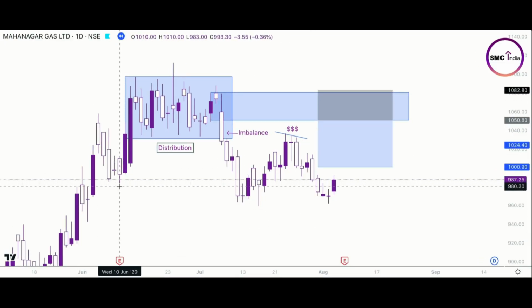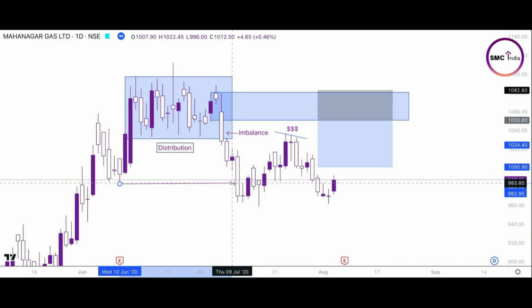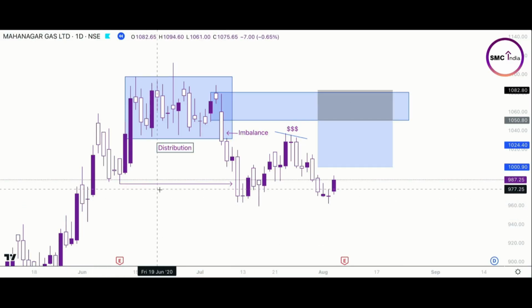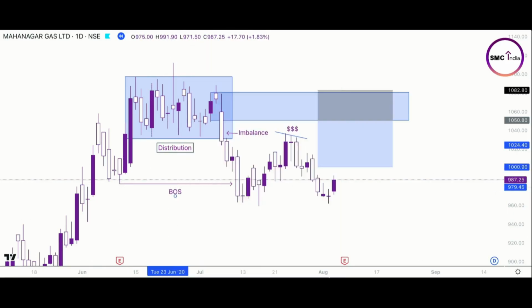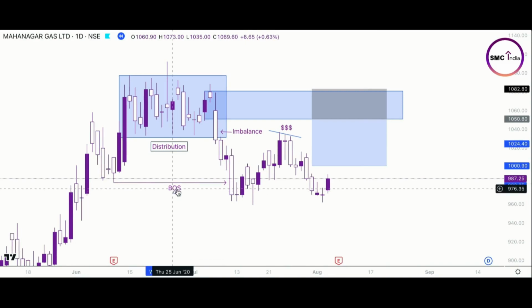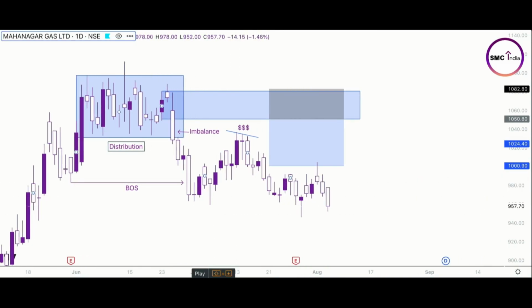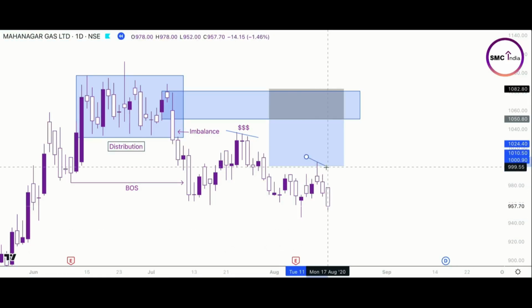You see that it breaks this with a break of structure. It creates more liquidity here.